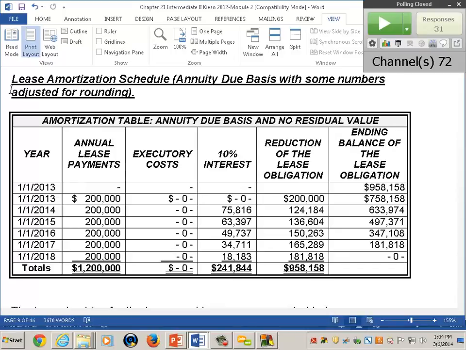You've got the deferred interest here as your discount, and this is the net investment. Now, we're going to use a net investment approach. We're not going to use a gross investment approach, but that's just some of the terminology.